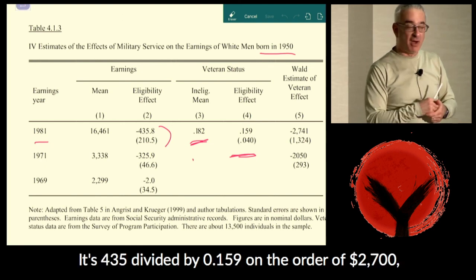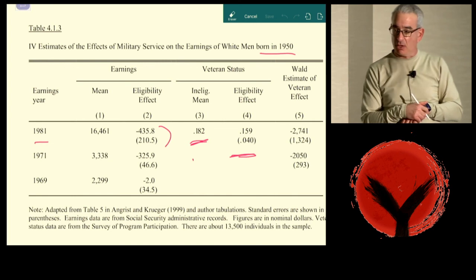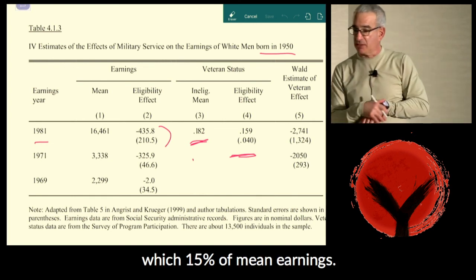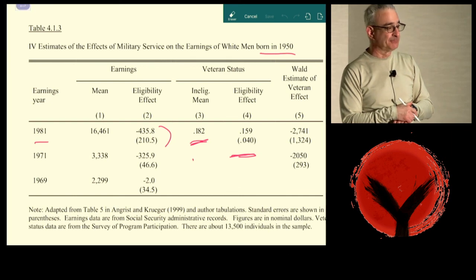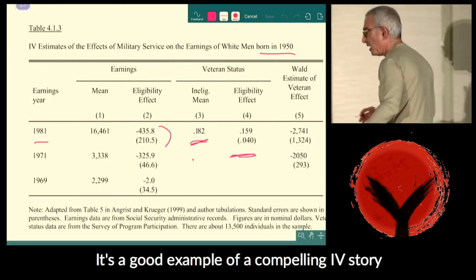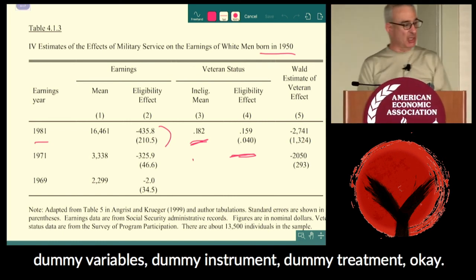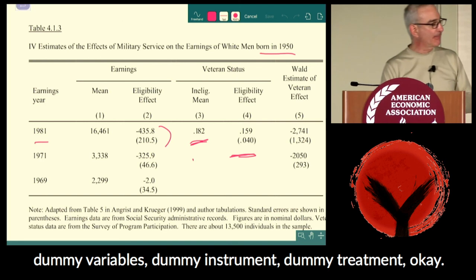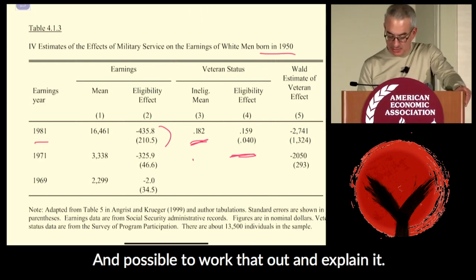It's 435 divided by 0.159, on the order of $2,700, which is 15% of mean earnings. So that's a substantial loss. It's a good example of a compelling IV story where everything is very simple: dummy variables, dummy instrument, dummy treatment, okay? And possible to work that out and explain it.